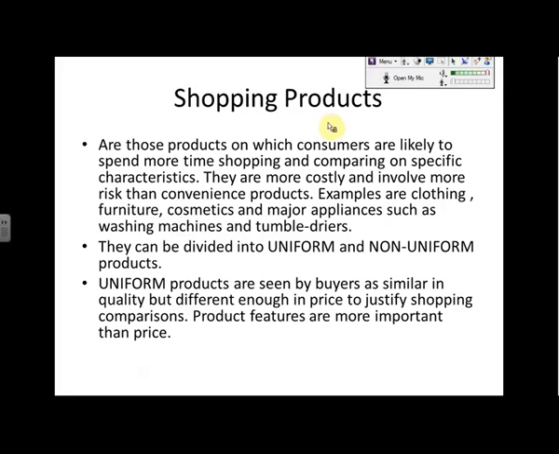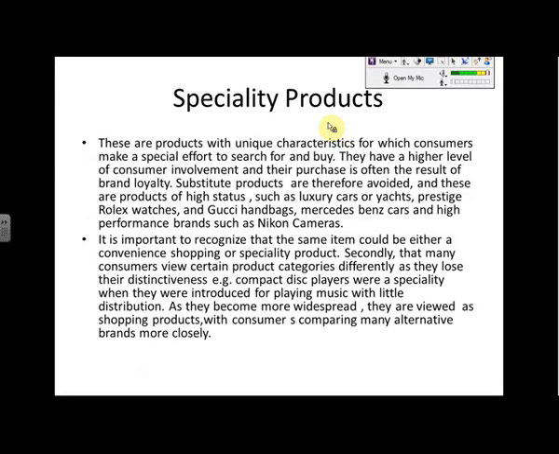And under those, you find items like specialty products. Specialty products will be the third level. These are products with unique characteristics for which consumers make a special effort to search for and to buy them. They have a higher level of consumer involvement, and their purchase is often the result of brand loyalty.